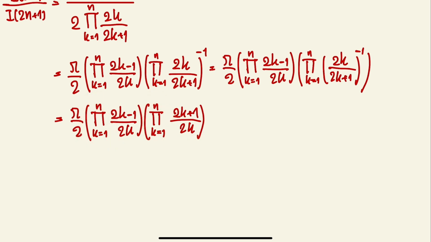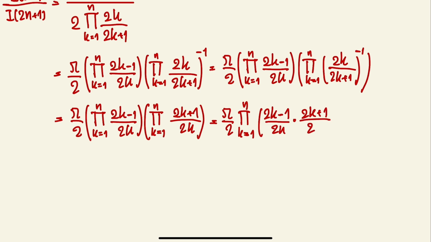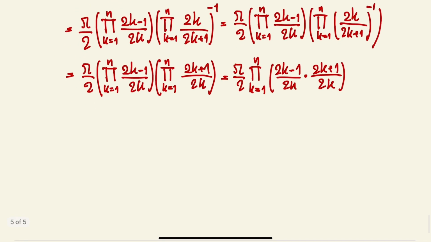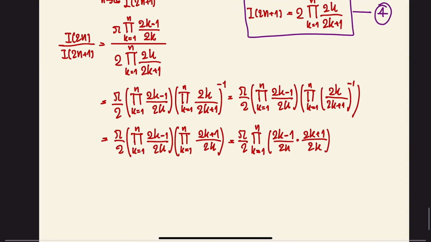So it's going to be pi over 2 times the big pi from k equal to 1 to n of 2k minus 1 over 2k times 2k plus 1 over 2k. That's what we have right now.